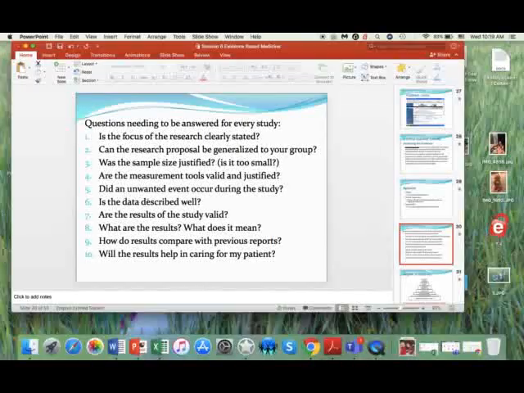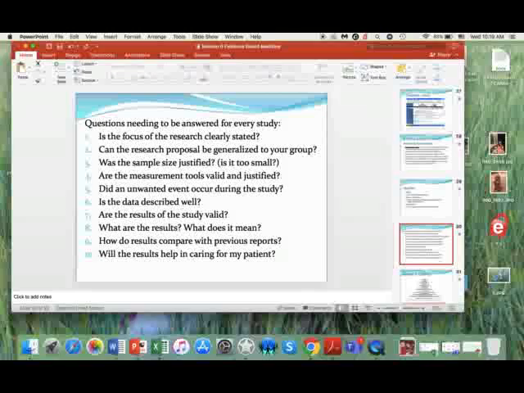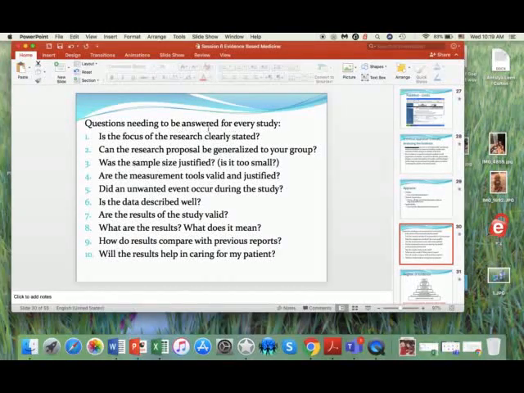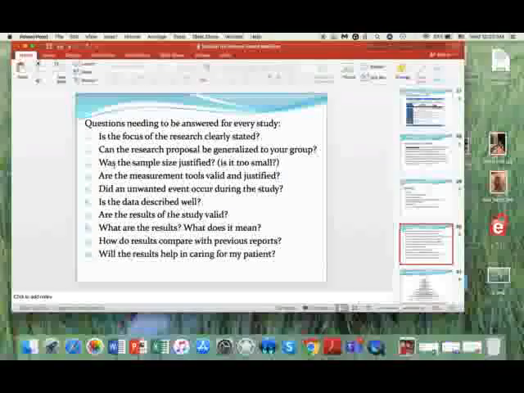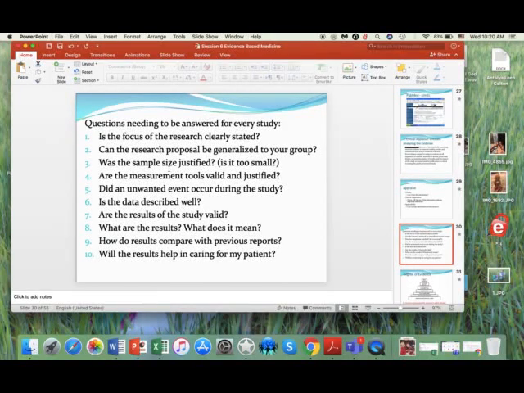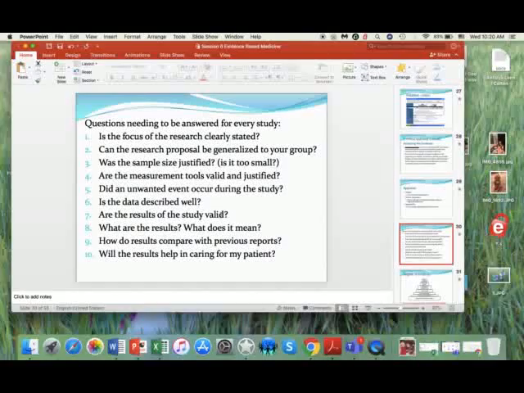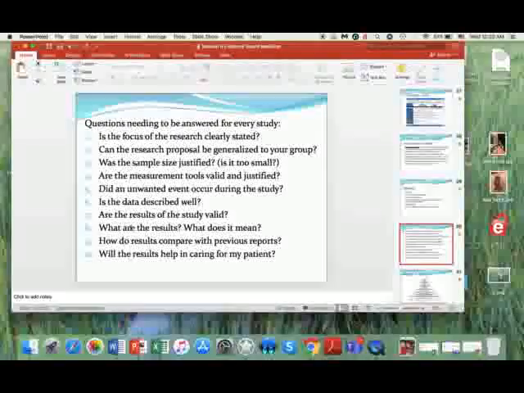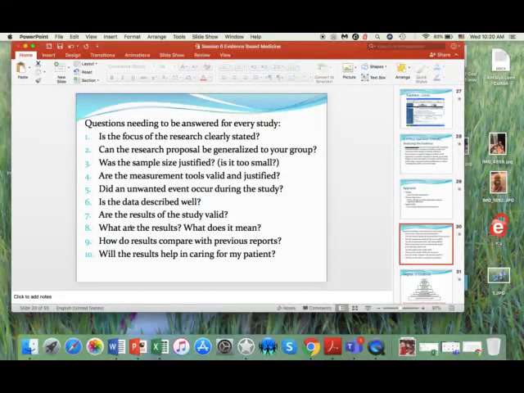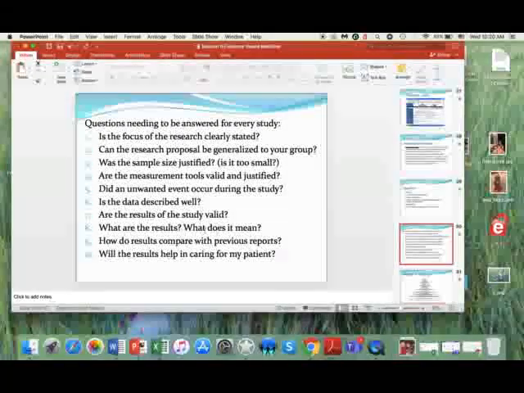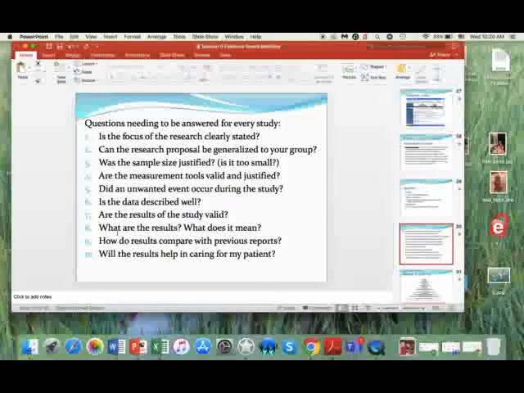Is the data described well? Is it stated well? Was it done validly? Are the results of the study valid? We'll talk about how to evaluate that in another place too. But what are the results? What do the results mean? Sometimes it's hard to even understand.